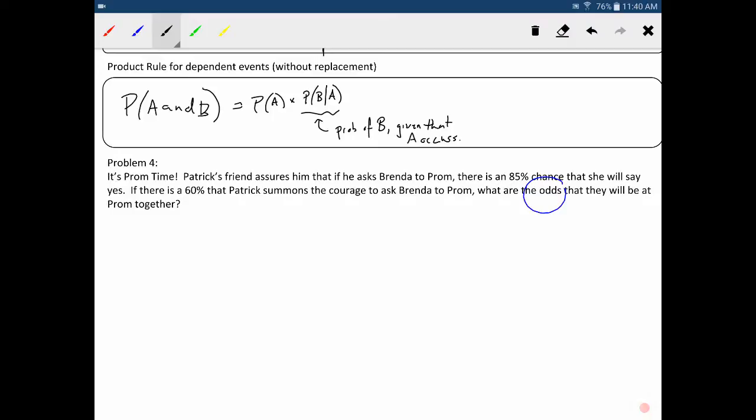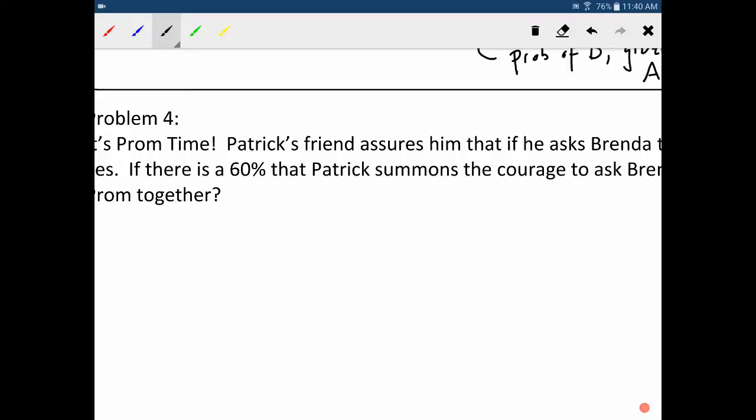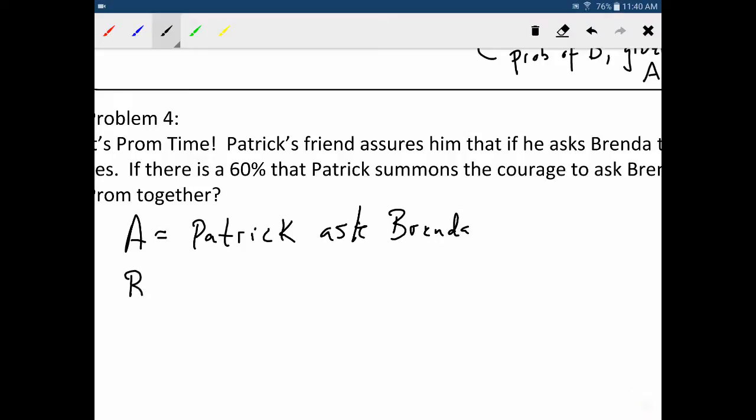So, first of all, let's look at what the events are. Our first event is that Patrick actually asks Brenda. So he has to ask Brenda. And then event B is that Brenda says yes.